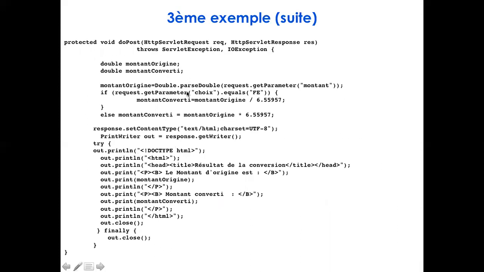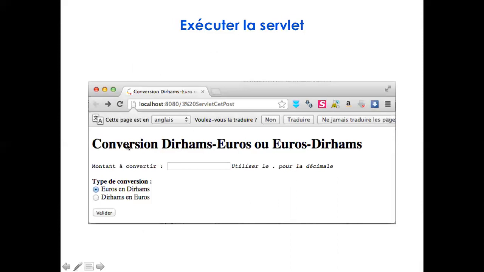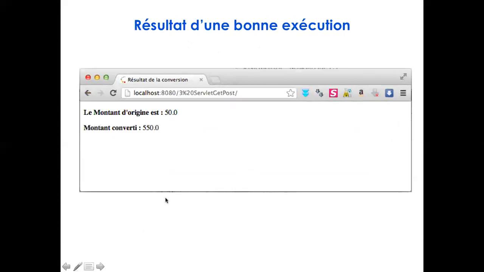Here we call request.getParameter, and since it is a string, we convert it to a double, etc. Then we convert from, for example, dirhams to euros, or from euros to dirhams. We type something here, select one of the conversion types, and click on validate. Once you click on validate, the total amount is displayed as the result.